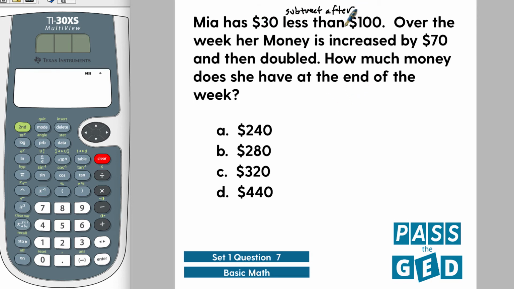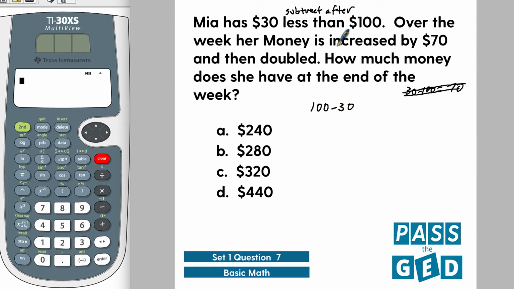So this $30 less than 100 actually means 100 minus 30. She has $70, right? If you did it the other way around, 30 minus 100, you would end up with negative 70, and that doesn't make sense. She has $70, not negative 70. This is a very common thing that test makers like to have students show that they know.